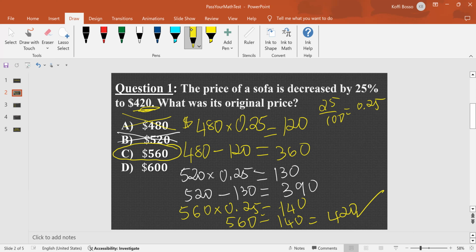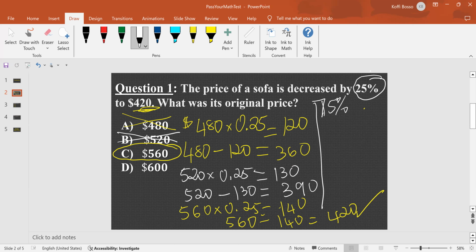That is one of the methods. Now, the other method is this. Instead of checking one by one, we can do the calculation once. We're going to call X the original price, since we don't know it yet. When they say they apply 25% to a sulfur, and now the price dropped to 420, that means you are paying for 75%.